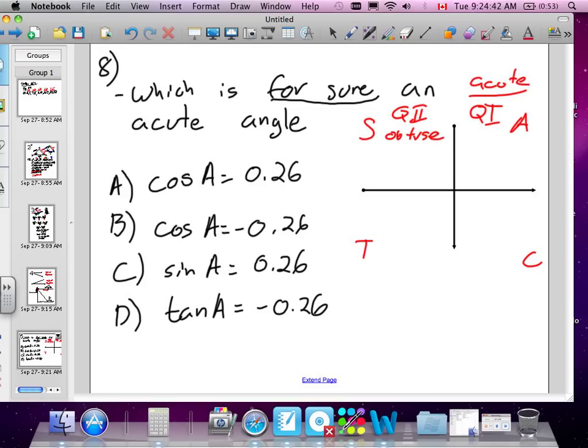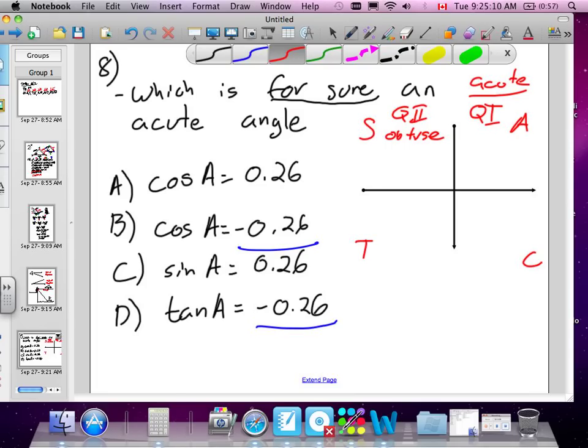So first off, if I have a negative of either cos ratio or tangent ratio, which quadrant am I in? I'm either in quadrant 2, maybe 3, or maybe 4, right? But I cannot be in quadrant 1 if I have cos as negative or tangent as negative. In other words, they cannot be acute angles.